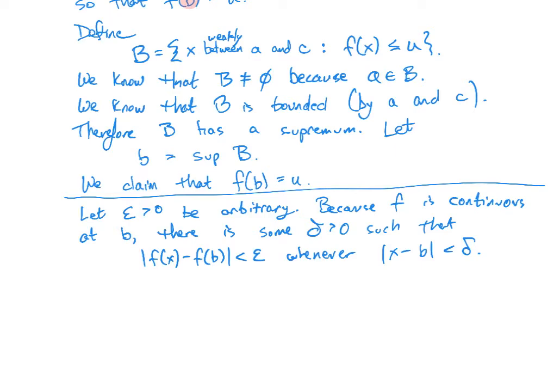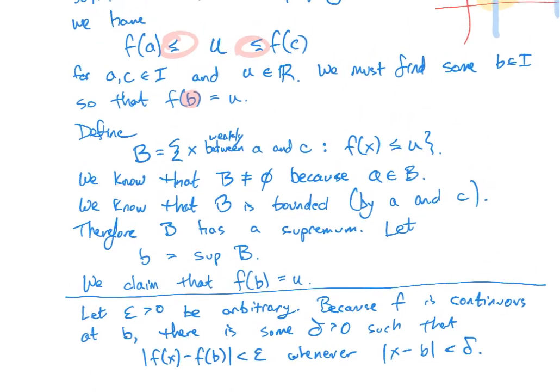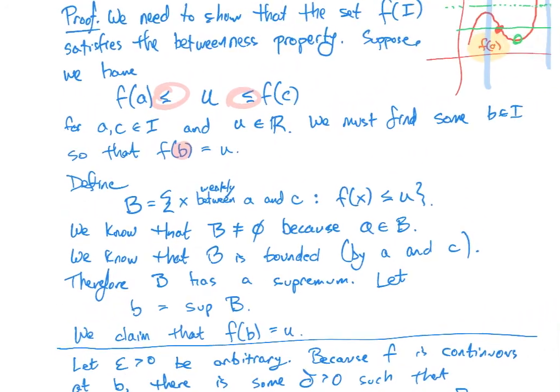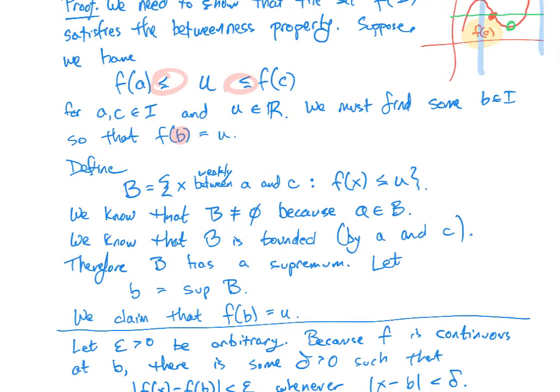Let's draw a picture. Dr. Bader, yeah. So here we're talking about B, and we're claiming that it's the same B as above. Do we just keep the same symbol even though we haven't shown that they're the same yet? Oh, okay. That's a subtle point. Like, you know, let B prime equal the supremum of B, and then we'll show that B prime equals B or something like that.